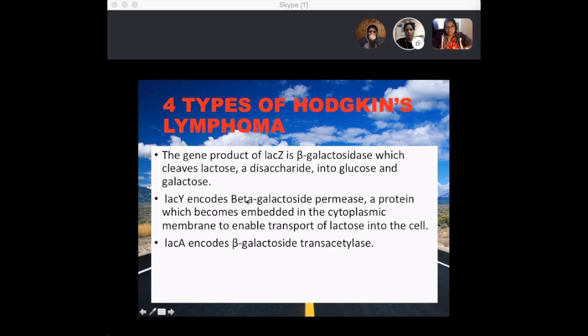LAC-Y encodes for beta-galactoside permease, which is embedded in the cytoplasmic membrane and enables transport of lactose into the cell. And then LAC-A encodes for beta-galactoside transacetylase. So I think it's maybe just good to know.